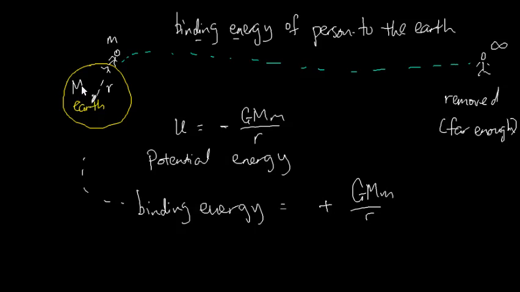To write down the binding energy, we have to change the sign of that, simply because instead of bringing the person from far away to earth, we need to think about bringing the person from the earth to far away. So this therefore is the binding energy. The magnitude of the potential energy is actually the binding energy of the person on earth.